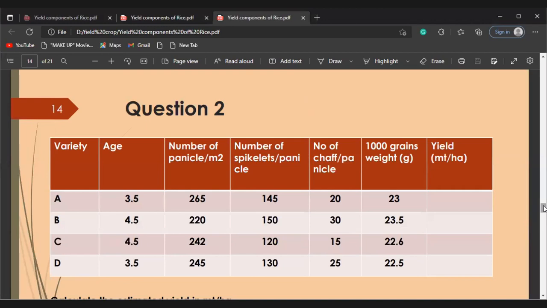But how many spikelets per panicle, you know? Then for the filling percentage, here they are giving the chaffy ones. So from the total panicle, you have to subtract the chaffy ones, isn't it? Yes or no? Can you do?